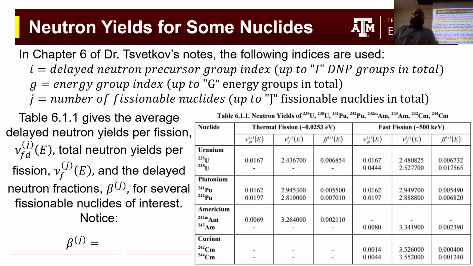Yeah. And so beta, that's defined as the delayed neutron fraction. So if I wanted to get the beta values in this table, and I have the number of delayed neutrons coming out per fission and the total number of neutrons coming out per fission, what would I do with these two nus to get the delayed neutron fraction?